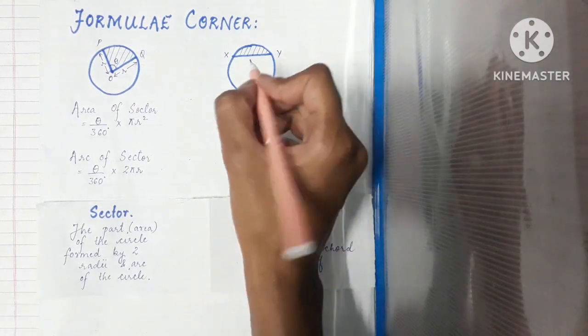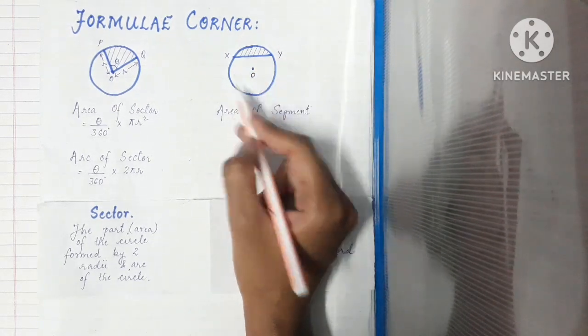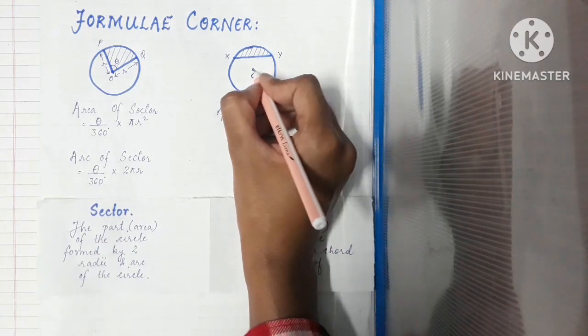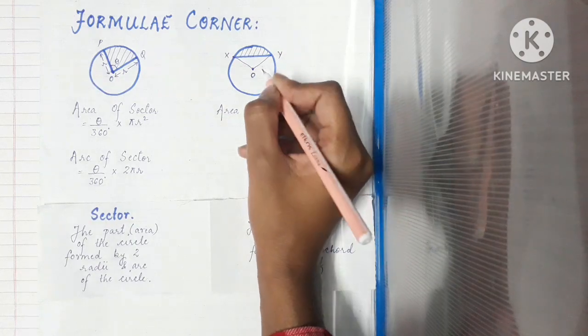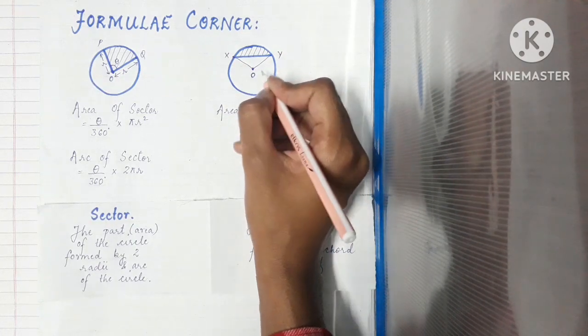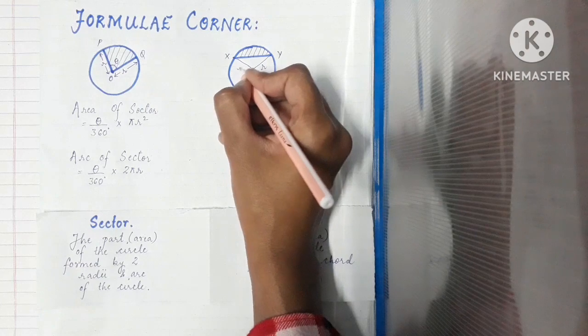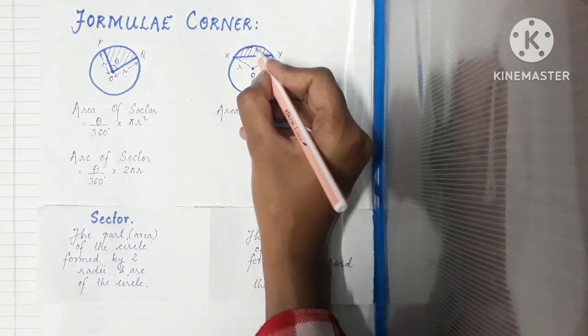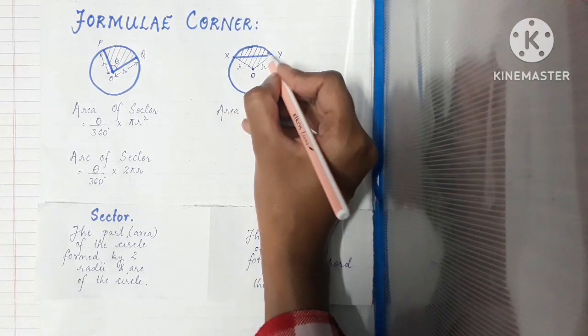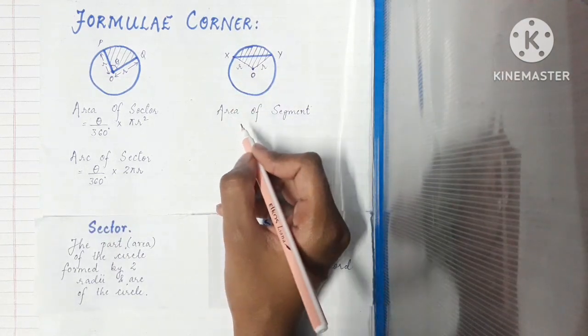If you carefully look at this figure and I make two radii over here, the lengths of all the radii are the same. So if this is r and this is also r, the complete figure is the sector of the circle.